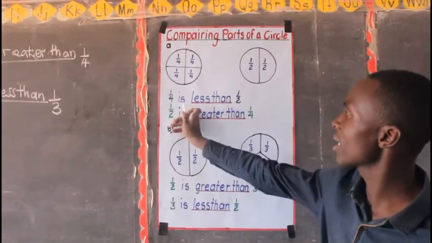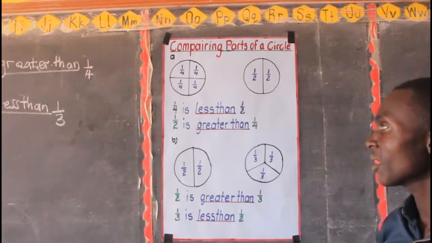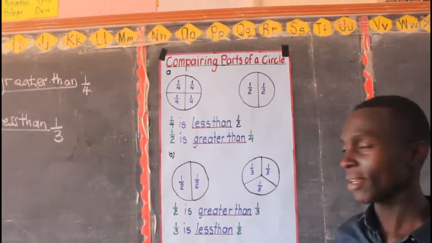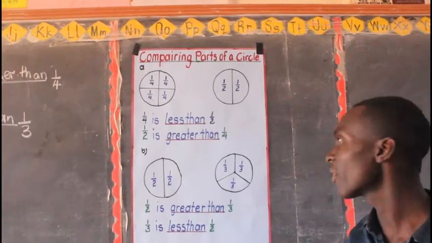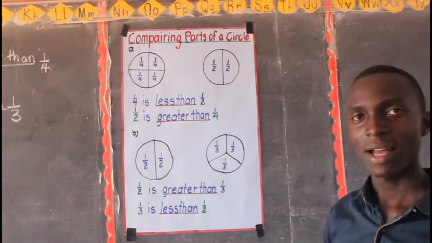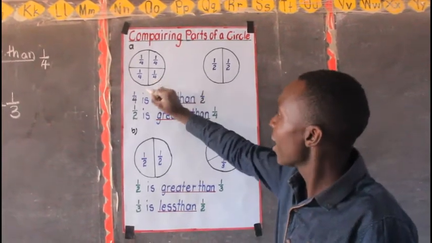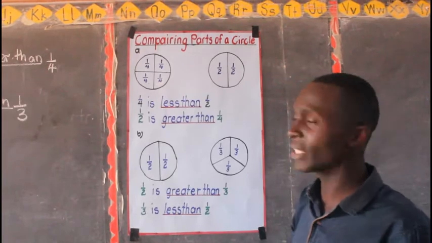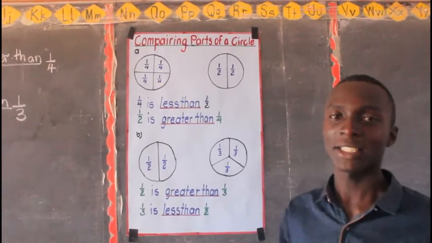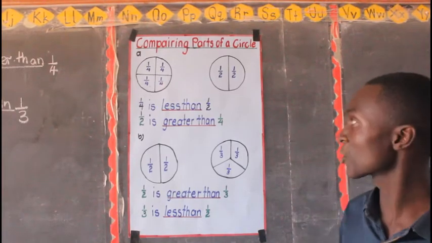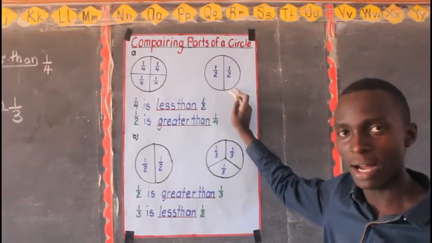Which simply means that a half is greater than a quarter. As I told you, the bigger the denominator of a fraction, the smaller it becomes. So that's why we say that a quarter is less than a half.